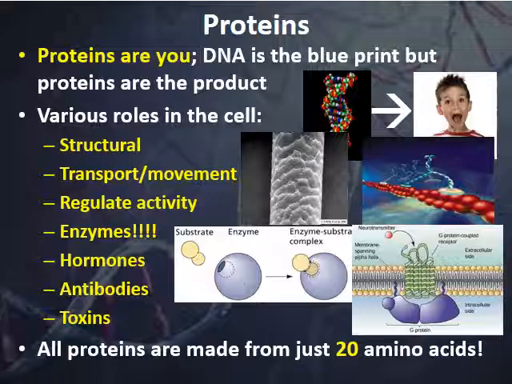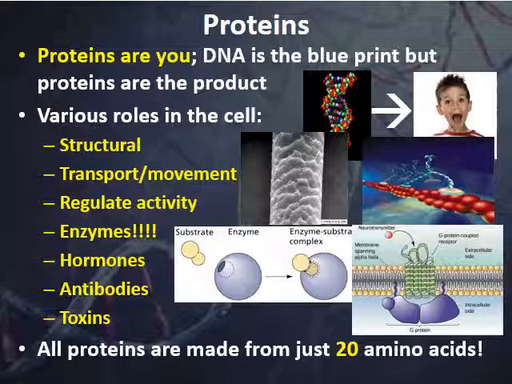And the amazing thing about proteins is that inside your cells right now, in any one of your cells, there could be maybe 10 to 20,000 different proteins that are being used at any one point. And all of these different proteins are made from the same 20 building blocks, the same 20 amino acids. So an amino acid is the building block of a protein, like the Lego piece of a protein.